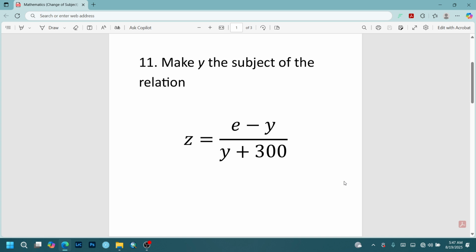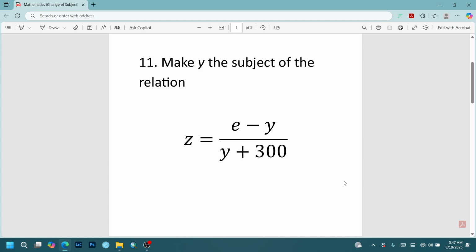In today's series, we will be solving a practical change of subject question in mathematics. So let's quickly delve into it. Make y the subject of the relation.